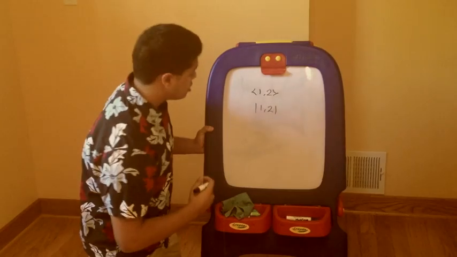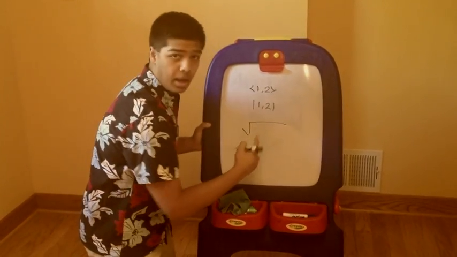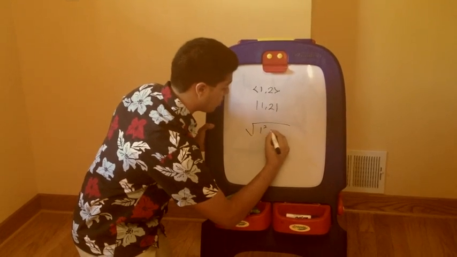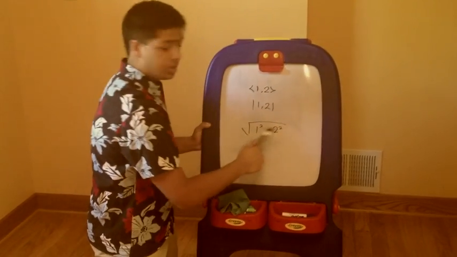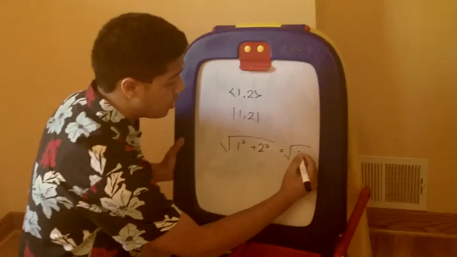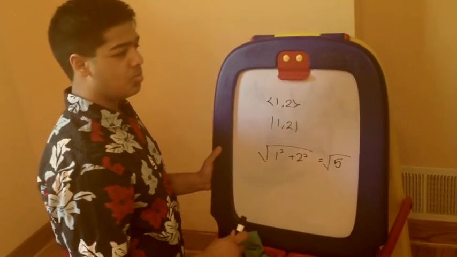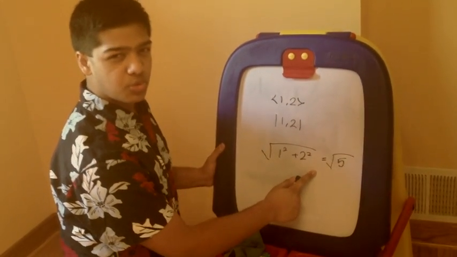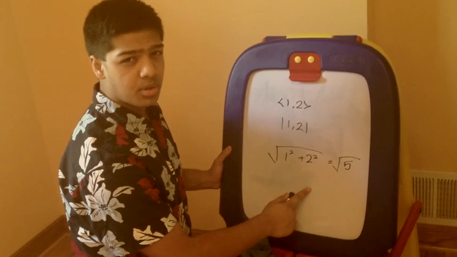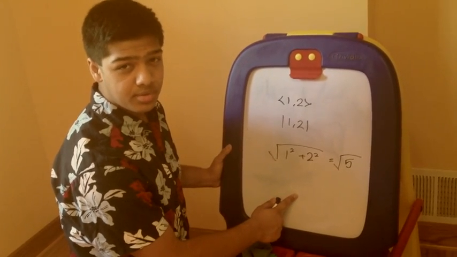What this means is we're going to take x and y and put them under the square root, square both of them, and then add them together. We find this to be the square root of 5. Now, we've seen this type of formula before, I think in the Pythagorean theorem. My associate will talk more about this.